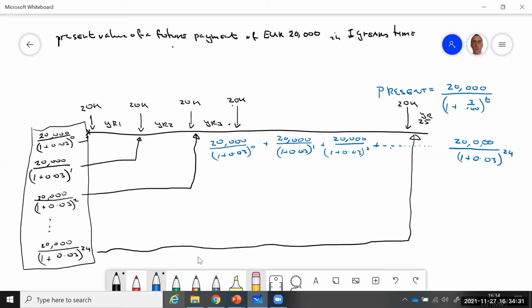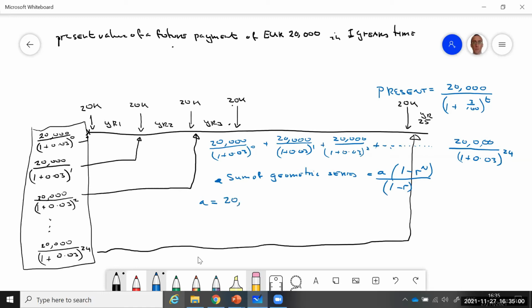So this is a sum of a geometric series, and the formula for the sum of a geometric series equals a times 1 minus r to the power of n, all over 1 minus r, where a is the first term.